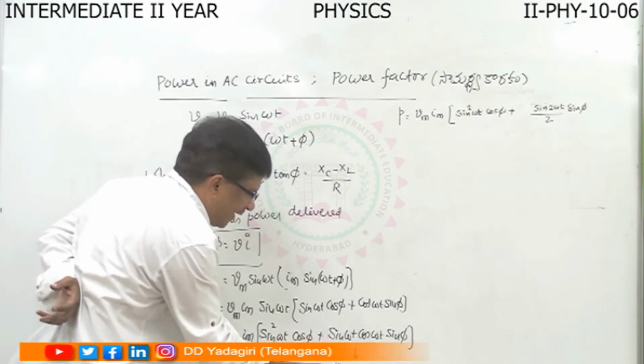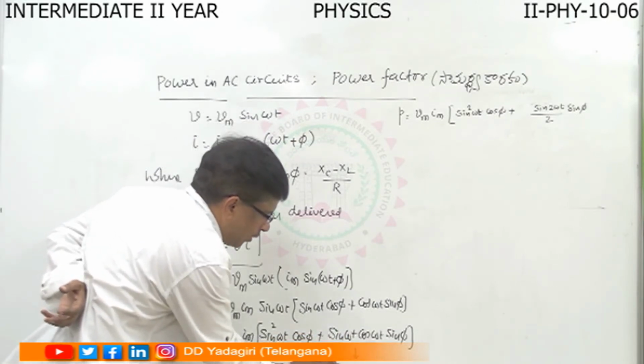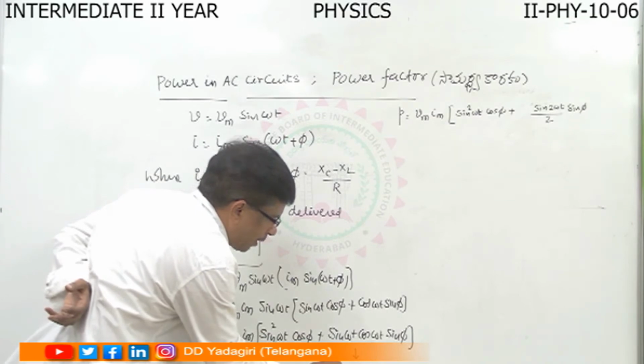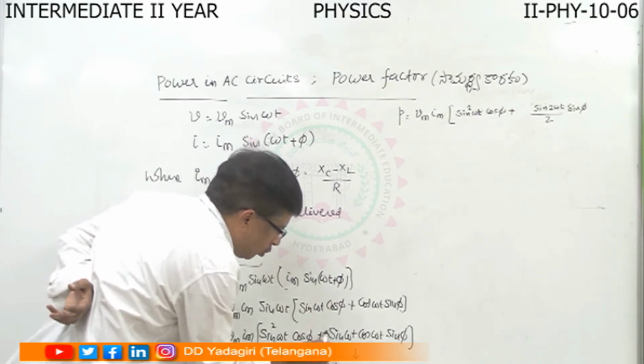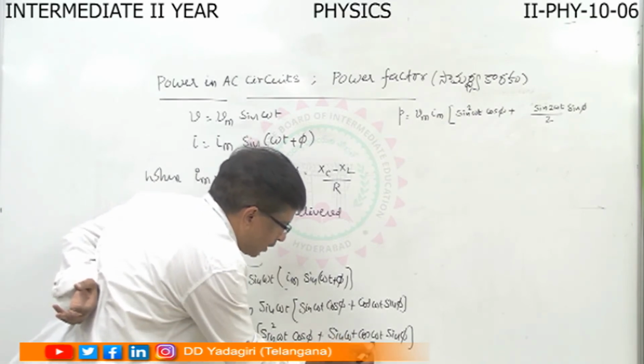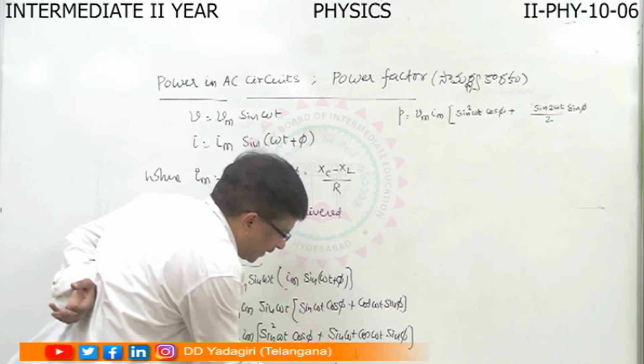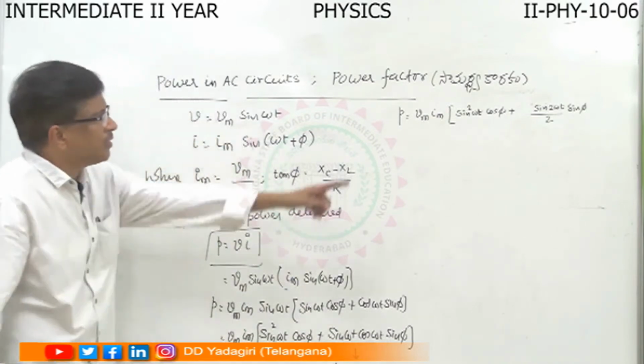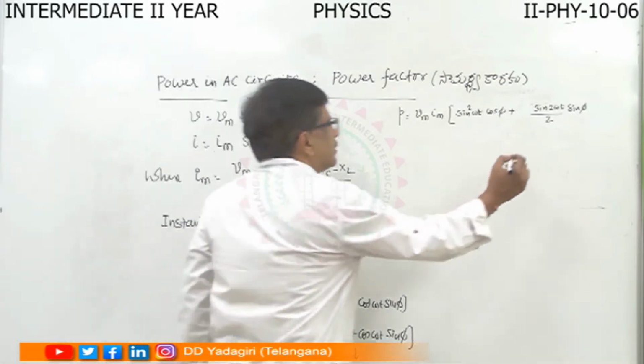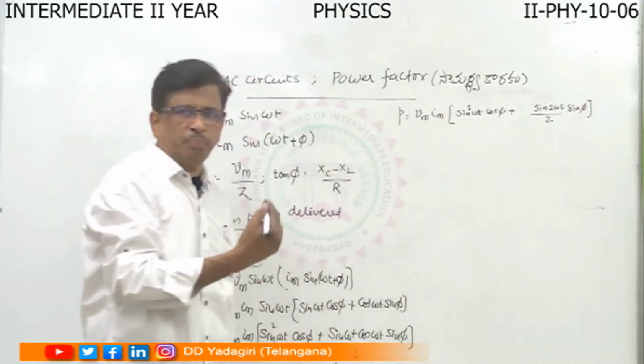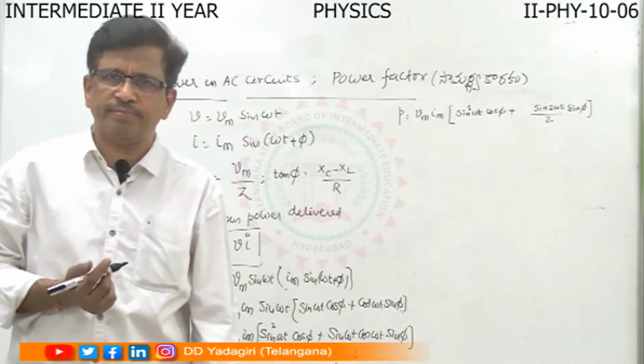As 2 is not there, I divide with 2 and this 2 will go inside. Sin 2ωt is 2 sin ωt cos ωt, so as 2 is not there, I divide with 2. That is the equation. This is the instantaneous power in an LCR circuit.